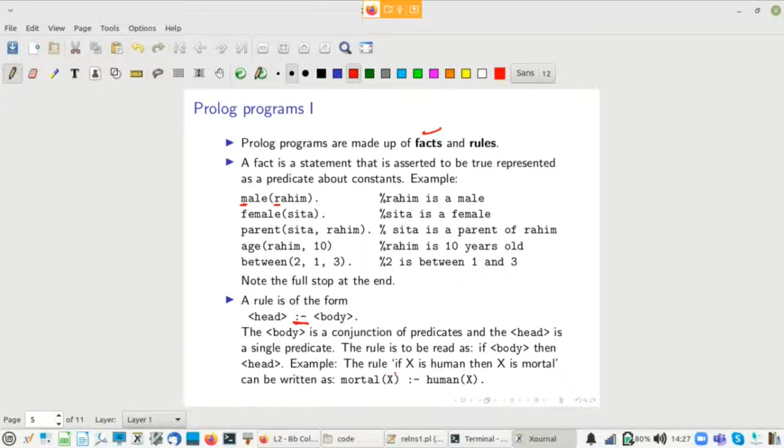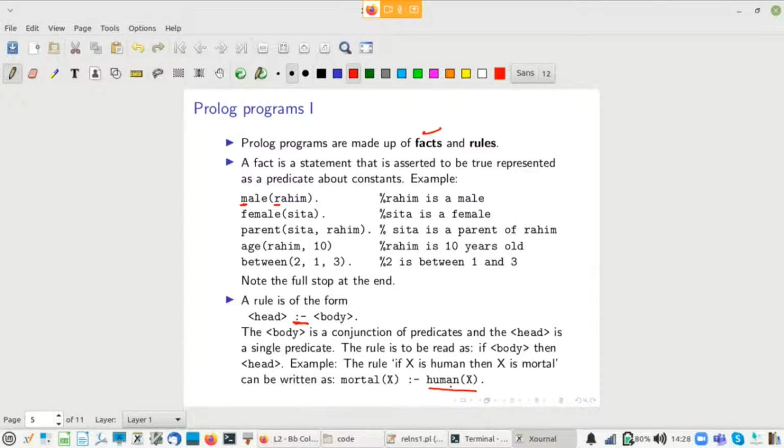So here is an example. If you want to code the rule that if x is human, then x is mortal, you can write it as mortal X :- human X. Notice that here we have a variable, capital X. What you are saying is that human x implies x is mortal, or equivalently, if it is true that x is a human, then x is mortal.